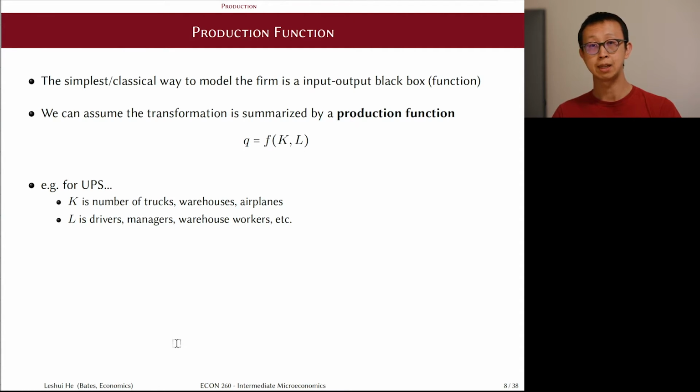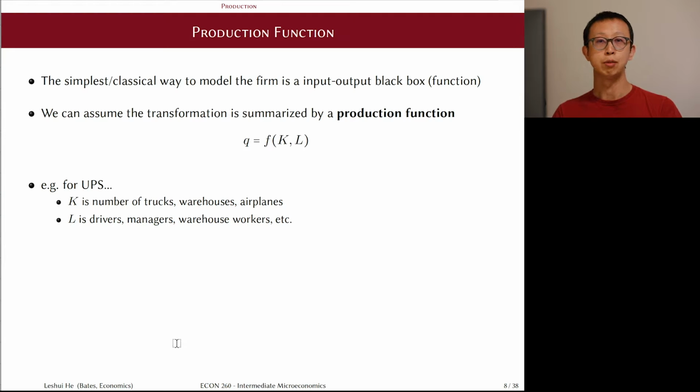Now, once we take this black box view of production, it becomes very natural to just adopt a function to describe the relationship between the inputs and the outputs. In some sense, this is exactly what functions do: arguments in and the value of the function out. A function that maps the inputs into the output is called a production function.